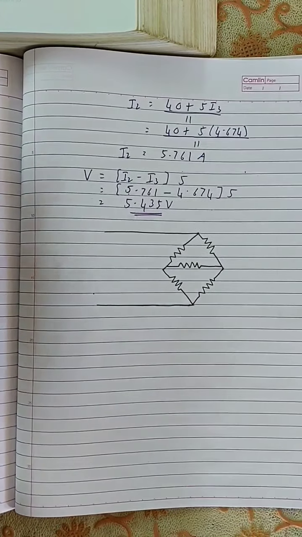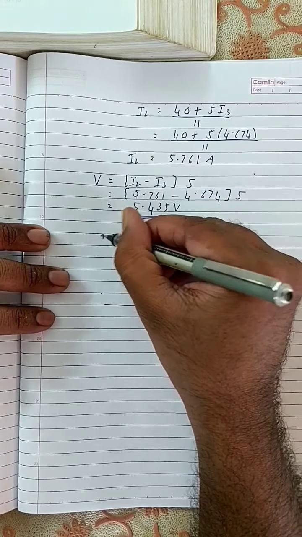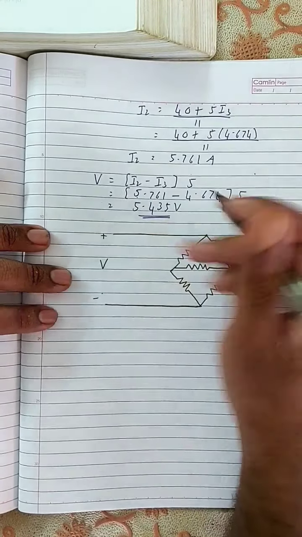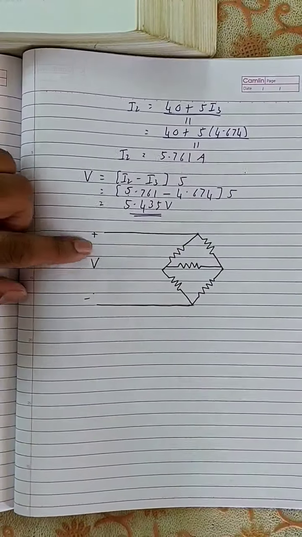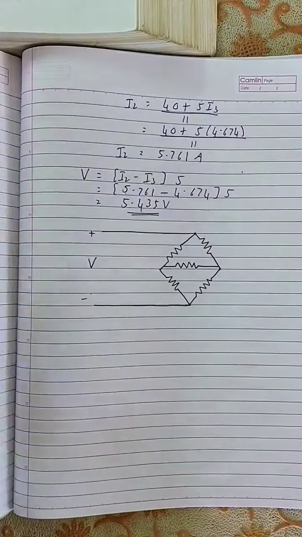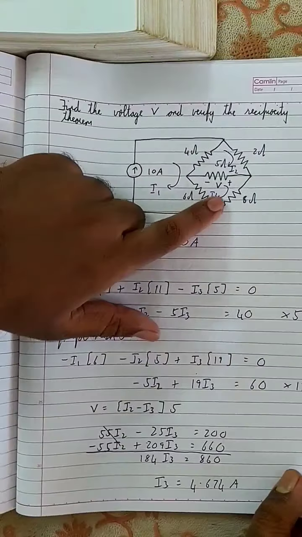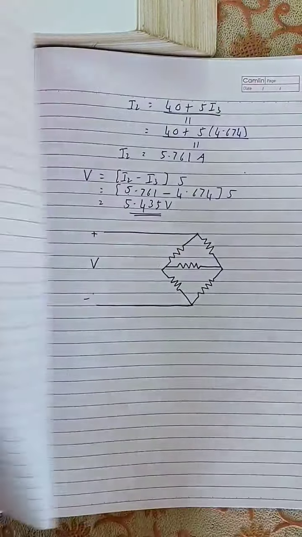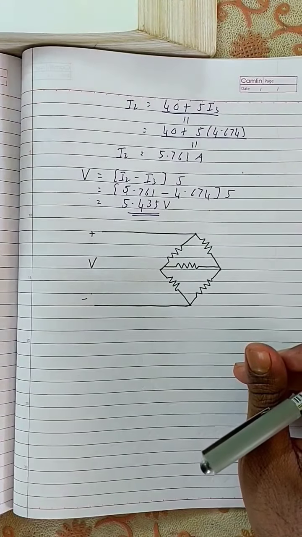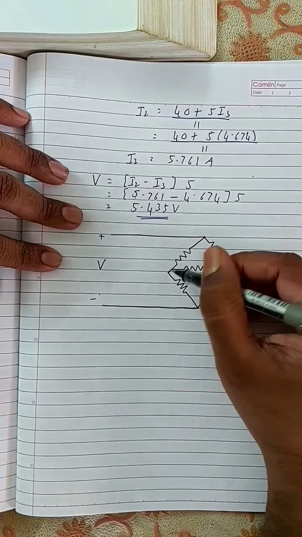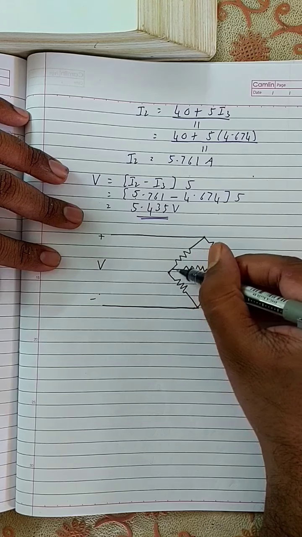And this is the voltage across the branch. Instead of a current source, I replaced it with the voltage across this branch. And here the voltage is in parallel to 5 ohm. In the same way, the current will also be in parallel with the resistor, right? So the circuit will become like this.